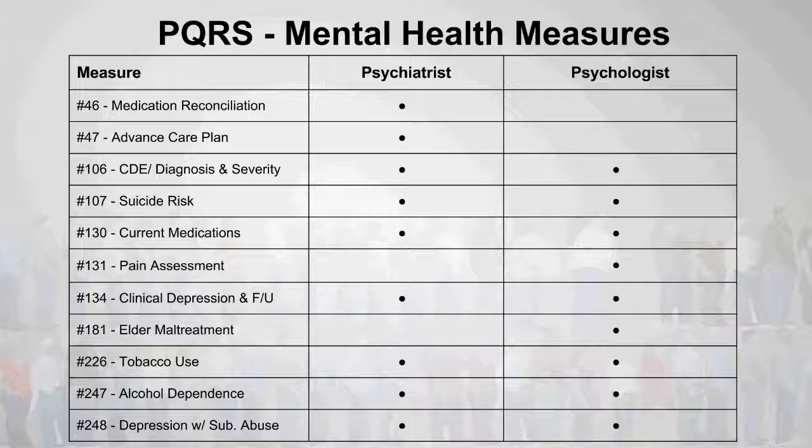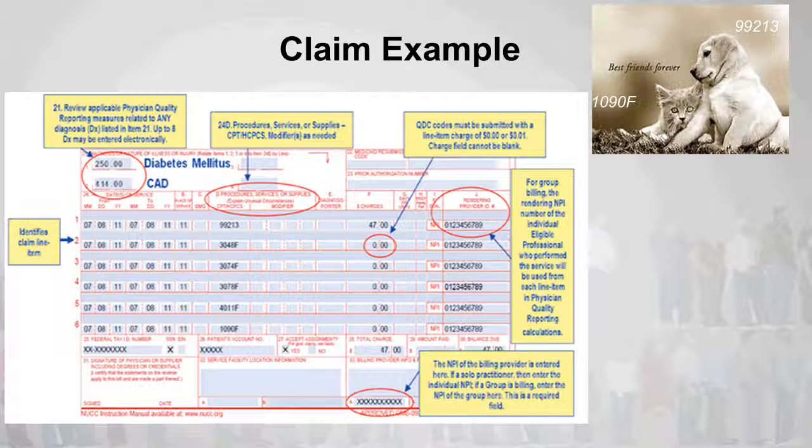We'll repeat it again later, but when you're emailed after this webinar, you will get a zip file with all the measures and the printouts from CMS that explain how to report on these particular measures for your particular specialty. The next thing that we're going to show here is the claim example, and I'm actually just going to turn this one over to Dave.